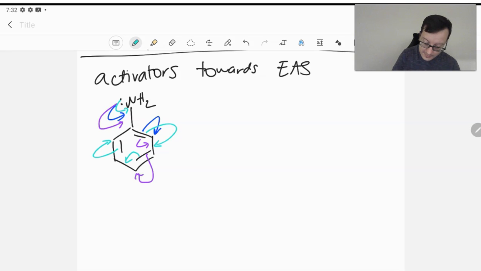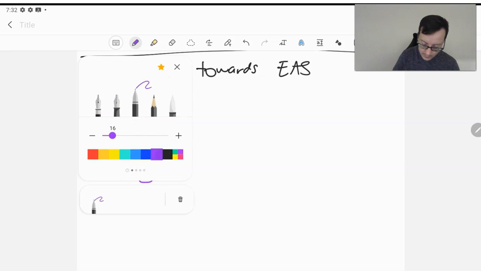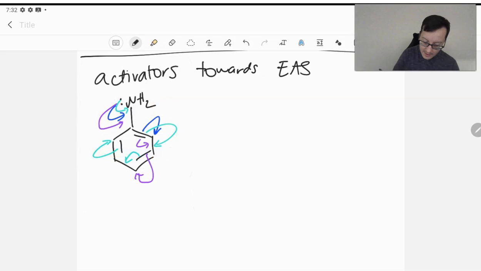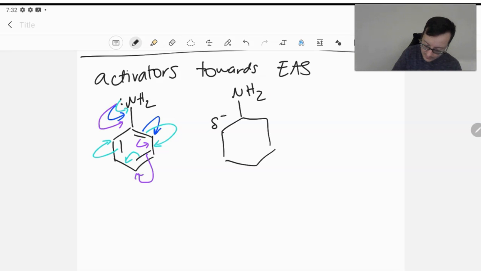So through this disaster of a resonance structure, with 3 different resonances happening, we see overall that we're going to have slight negatives at the ortho and para positions, just depending on the resonance. The resonance will push full lone pairs to those positions, which can then react. So those 3 positions are slightly negative overall through the resonance.